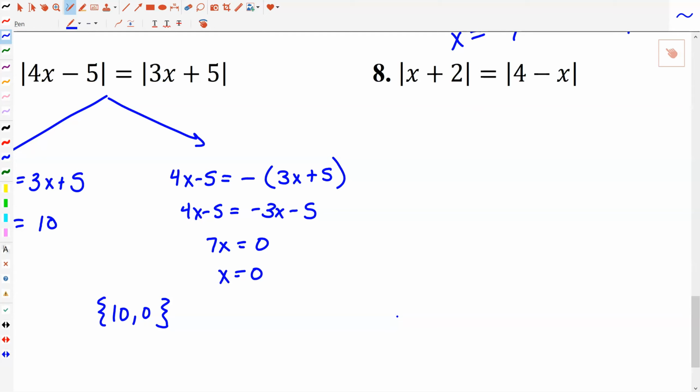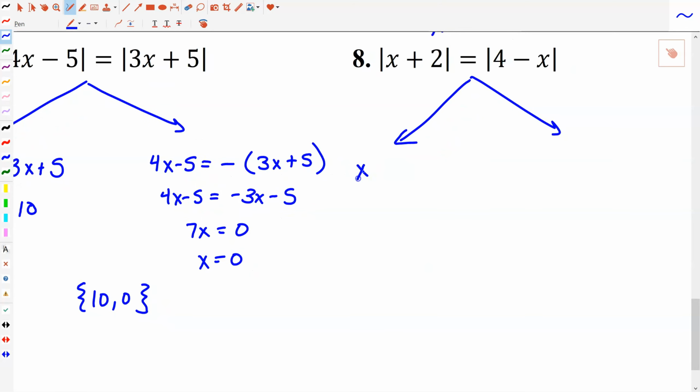Now let's apply those to this next problem, so you can see this in action one more time. In the first case, I'm just going to set these two expressions equal to each other, no absolute value bars. In the second case, I'm going to take the opposite of the second expression.